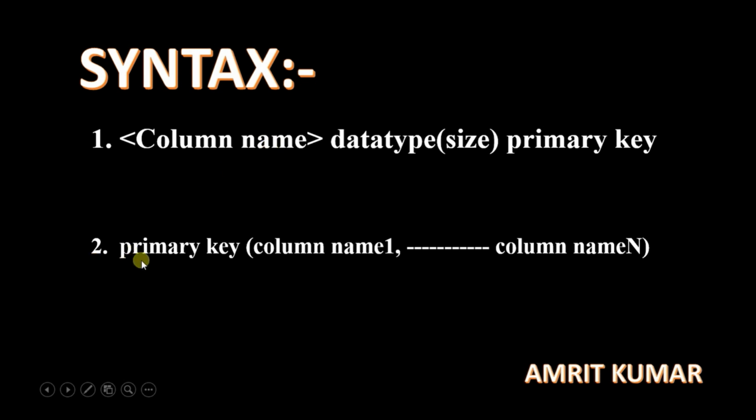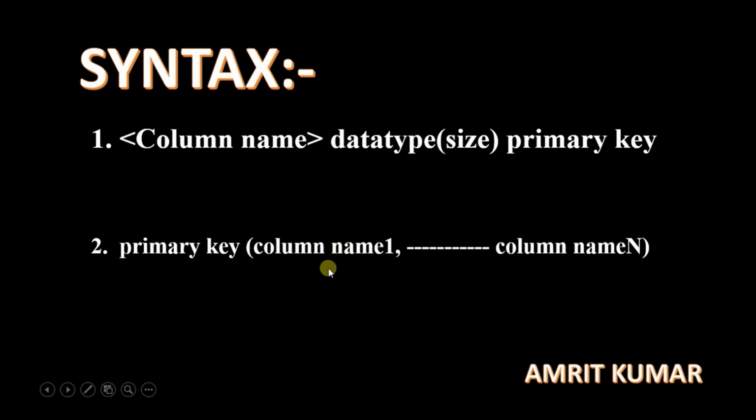The next method is to use primary key, which is the reserved keyword, then open the parenthesis, then column name 1, column name 2, and column name n. In this method you use only the primary key keyword, then open parenthesis.